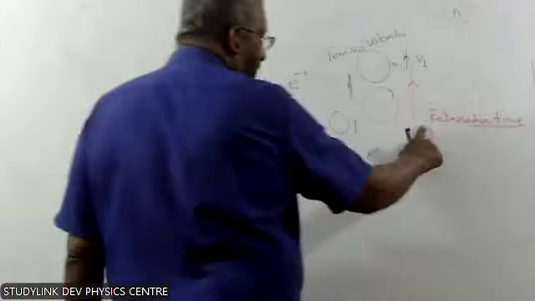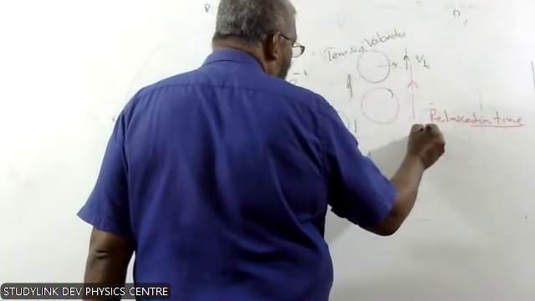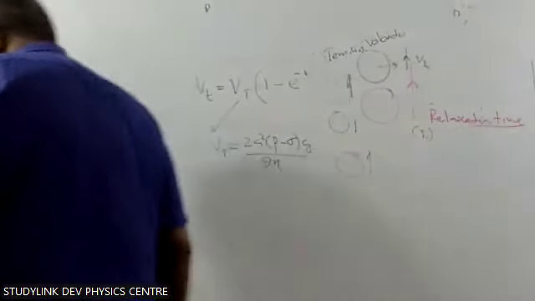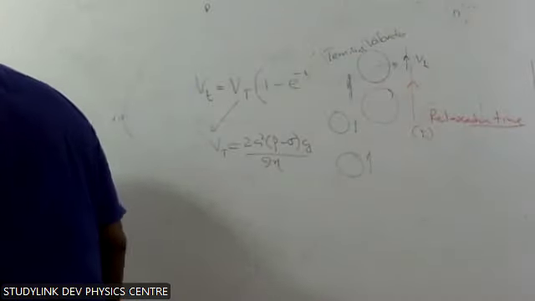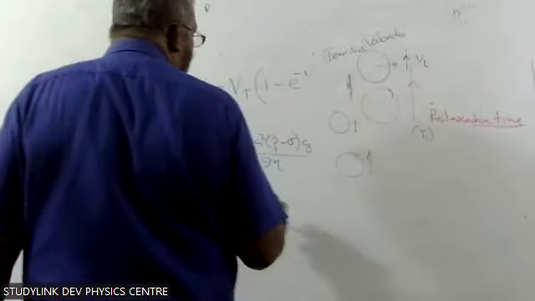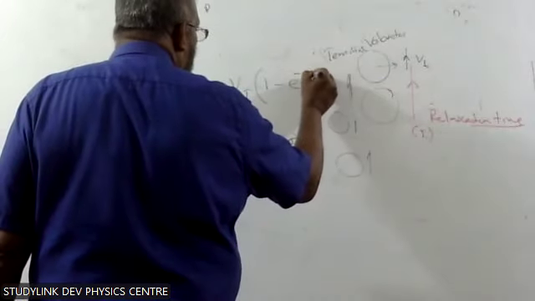So relaxation time I'll consider as tau, a Greek letter, then t over tau.